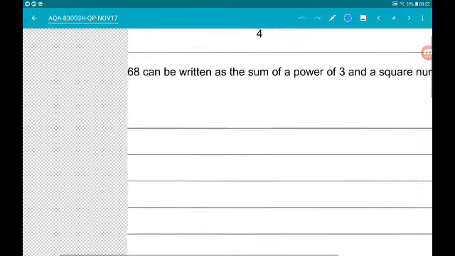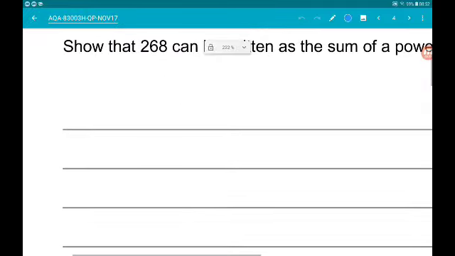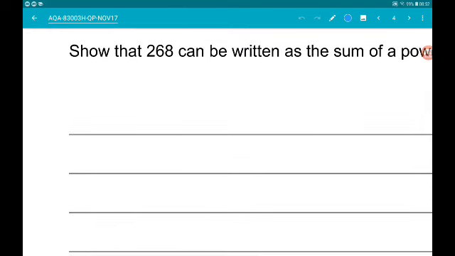So, let's start with some powers of 3. So, 3 to the power 1 is 3. Now, what we're going to be looking for is 268 minus a power of 3, which leaves us with a square number.